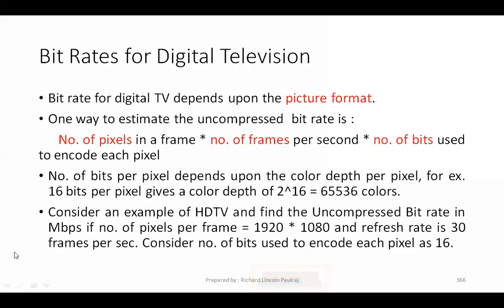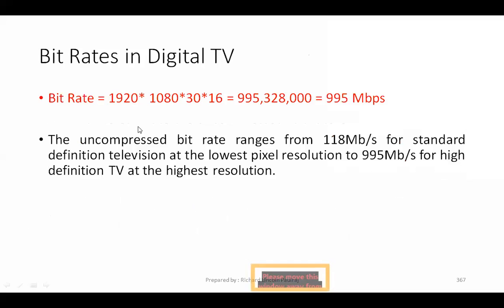Now that we have the question here, we will harvest this data and put it together. Your bitrate becomes a multiplication of all of these: 1920 by 1080p, 30 frames, and 16 bits. Ultimately the bitrate is going to be 995 Mbps when I multiply all of them together.